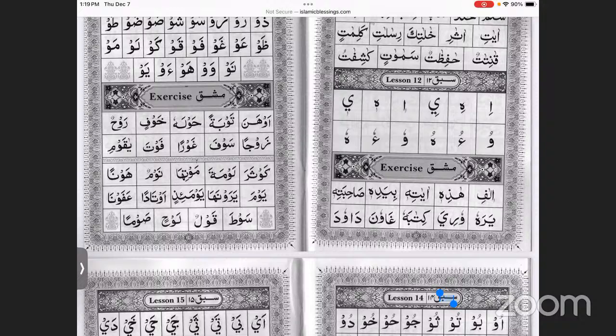And wo, o, who, and the inverted dhamma you have to read like woo, who, like this. Yes, a little bit longer. Stretch it.